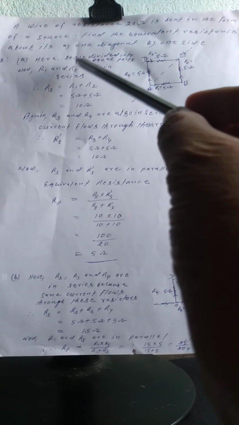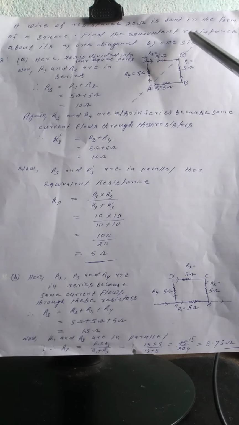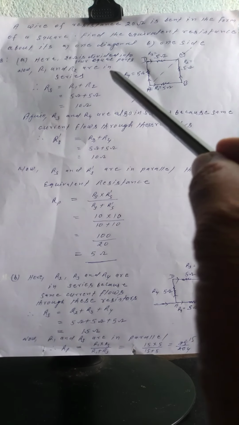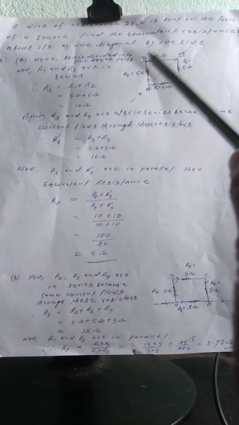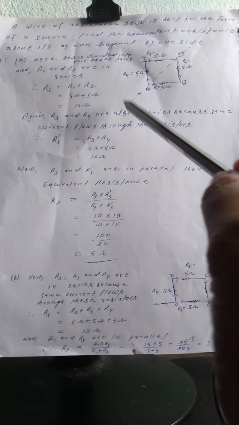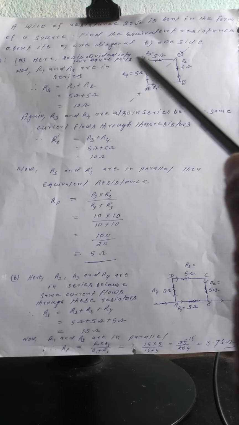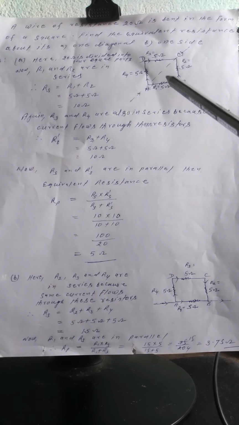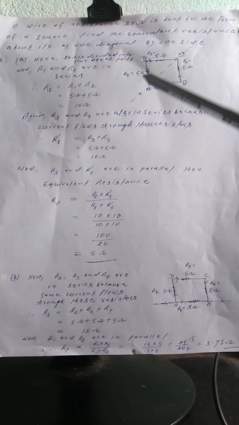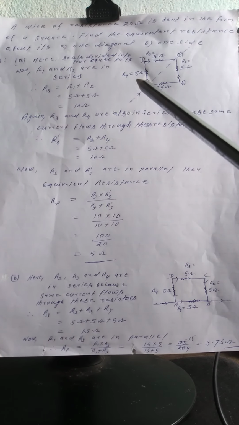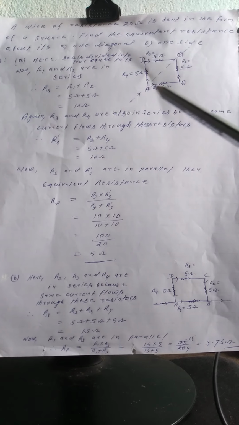Now next question. A wire of resistance 20 ohm is bent in the form of a square. Find the equivalent resistance about its one diagonal and about its one side. First of all, ABCD is a square that is formed by bending the wire of resistance 20 ohm. So each section of the square has resistance 5 ohm.